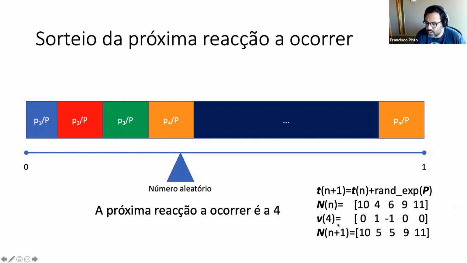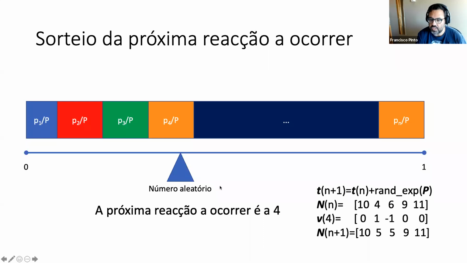So it is in this way that you update the state of the system. With this new state, you can compute new propensities. So in the next time step, the propensities of the different processes will be different, especially the ones that depend either on the second variable or on the third variable. Those are the ones that are going to change their propensity.